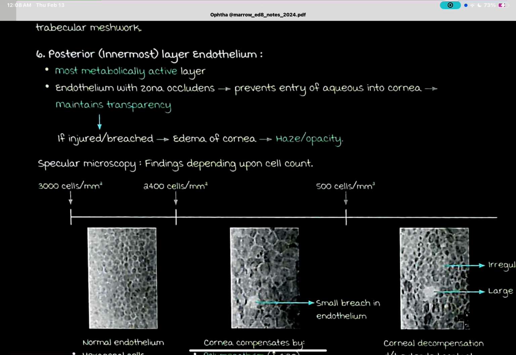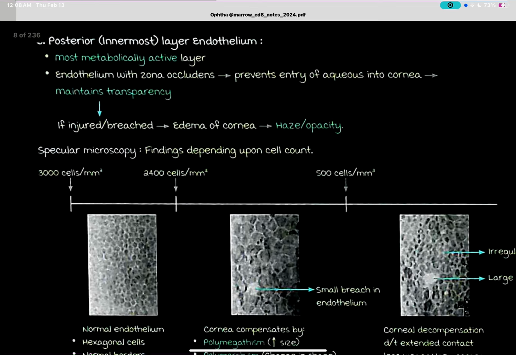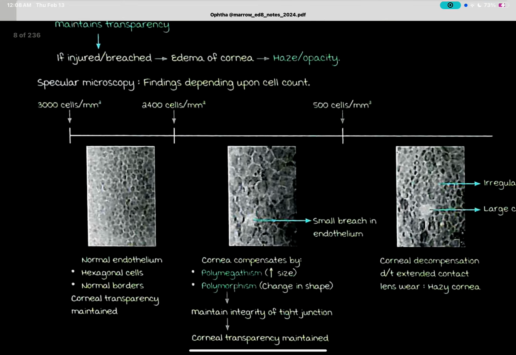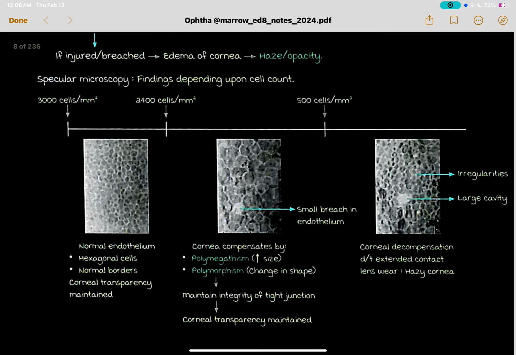So endothelium has zona occludens, so your aqueous does not enter the cornea and it maintains transparency. If the endothelium is injured or breached, edema of the cornea, haze or opacity will develop.